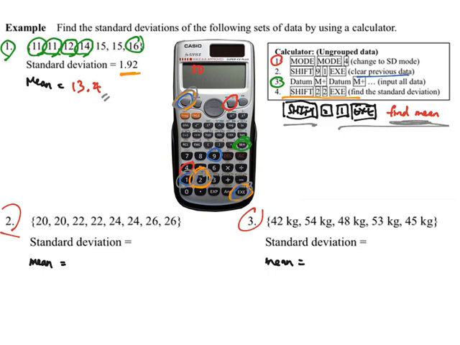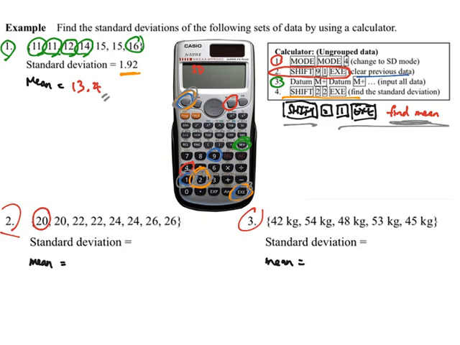Okay, let's check the answer. First data 20. Before you input the data, remember you need to press shift 9 to clear data. Otherwise, you can't get the answer.